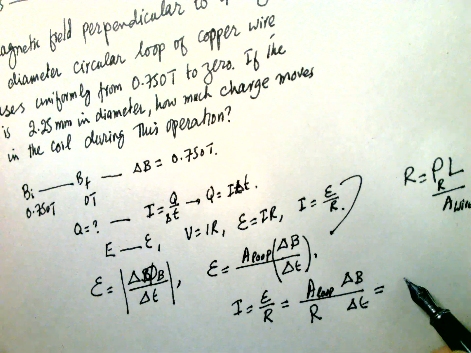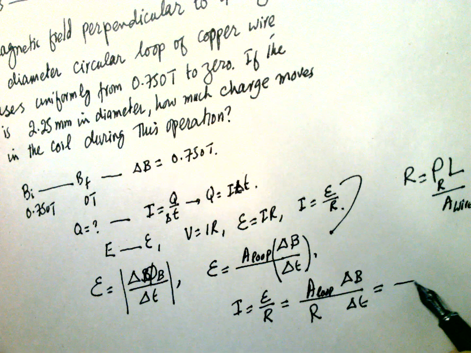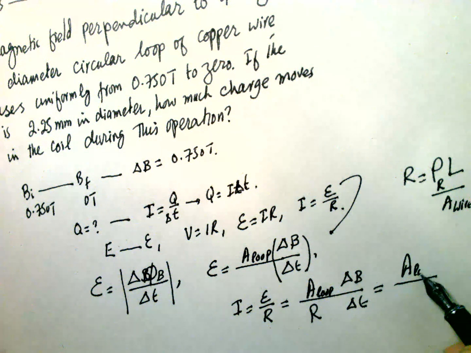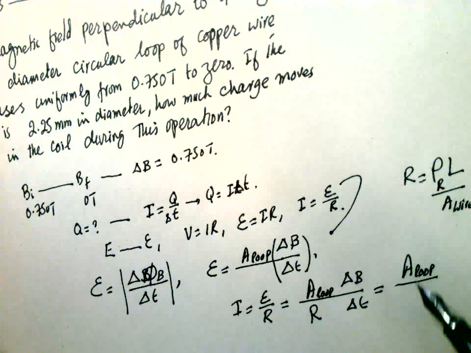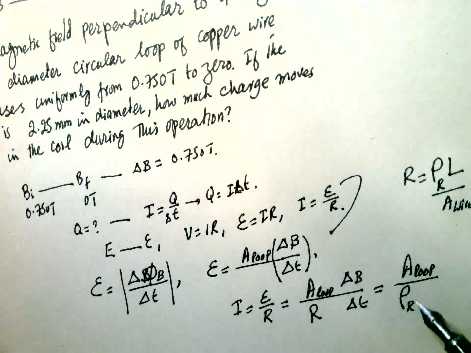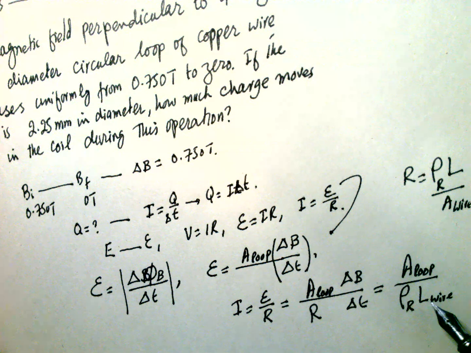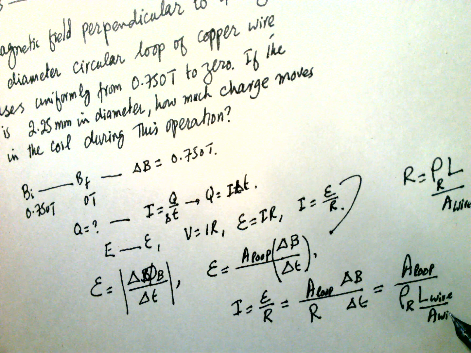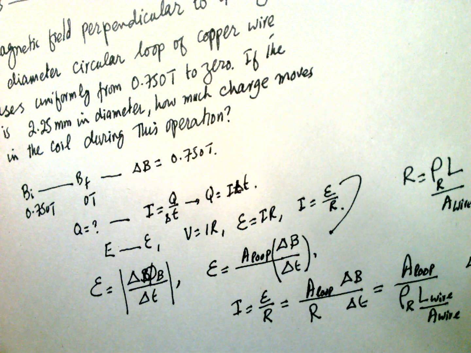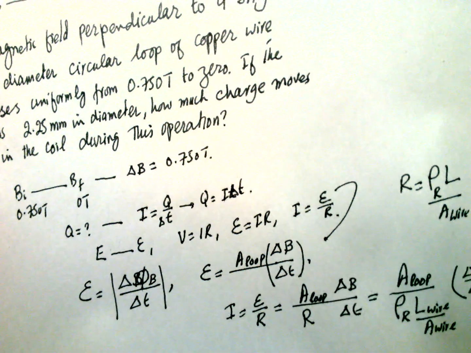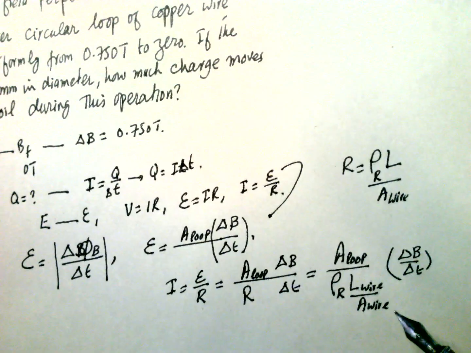So this is equal to the area of the loop times the area of the wire times delta B over delta T, divided by rho, the resistivity, times L of the wire, the length of the wire.